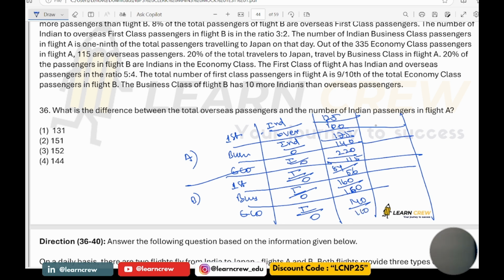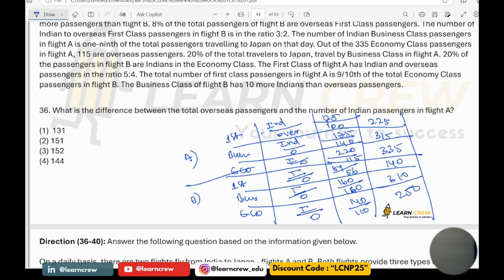Thereby you get the total number of people traveling in the different classes: 225, 315, 335, 140, 310, 250.